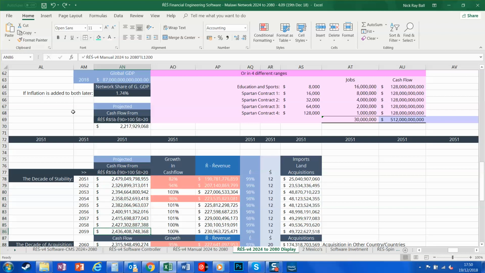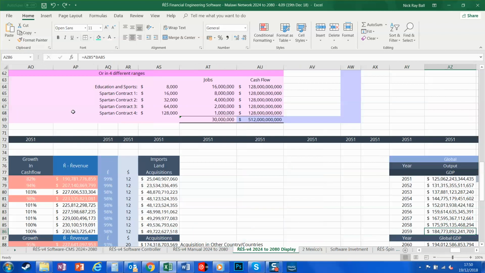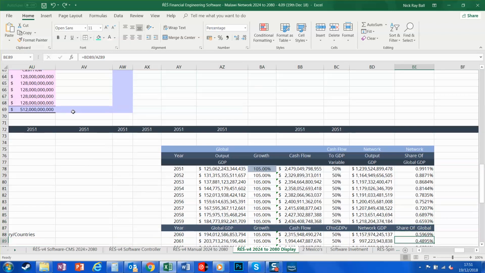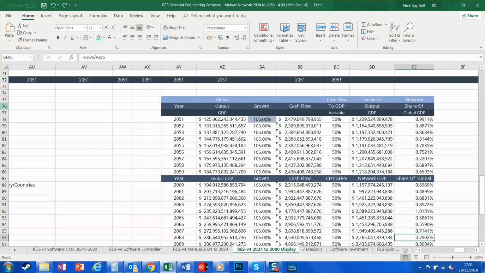My thought was, well, if we include inflation and growth on one side to GDP, we should do it to the other side. Therefore, all of these figures here should be increased by the same amount that global GDP should be. But I know some people would probably think that's a bit of a cop-out, so I started to include growth, and we can see here how that share of global GDP is.